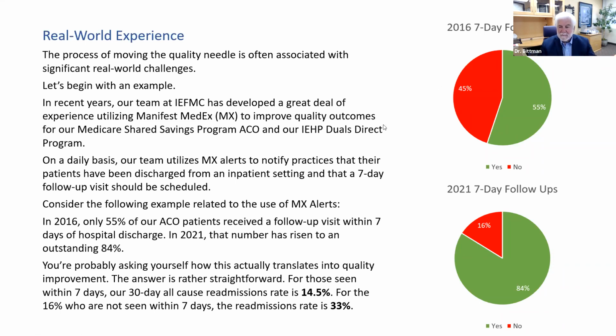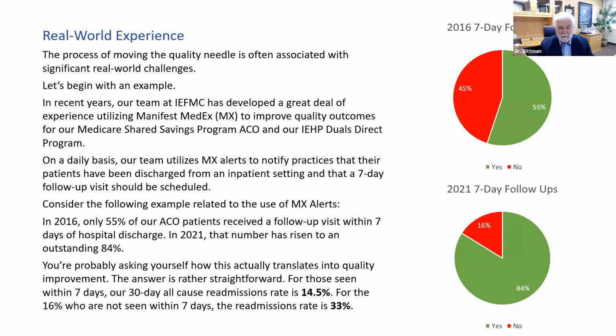So what I've done is put together some information that shows that our present 7-day all-cause readmission rate, this is for patients who are seen within the 7 days, is only 14.5%.